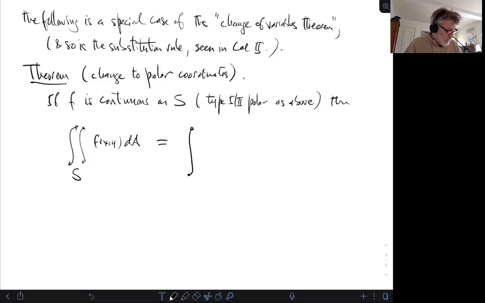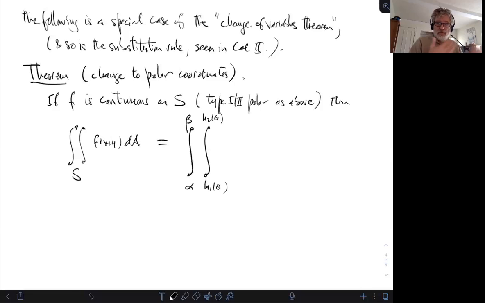So it's the integral from alpha to beta, integral from h1 of theta to h2 of theta. Now what's inside? I'm switching the coordinates. So x is going to become r cos theta, and y is going to become r sine theta.